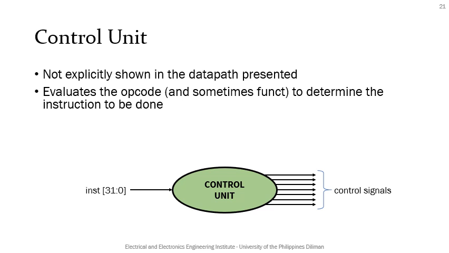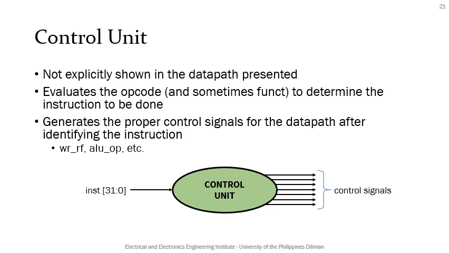Specifically, the control unit evaluates the opcode, sometimes including the funct, to determine the instruction to be done, and thus to be able to generate the proper control signals for the data path after identifying the instruction. In the data path we discussed so far, the control signals are write RF and the ALU op signals, although more control signals will be needed as we support more instructions.